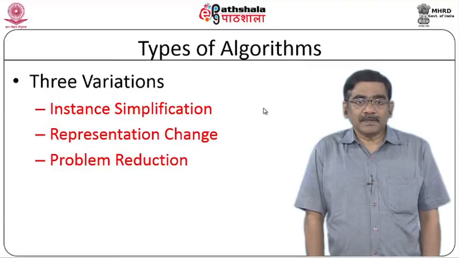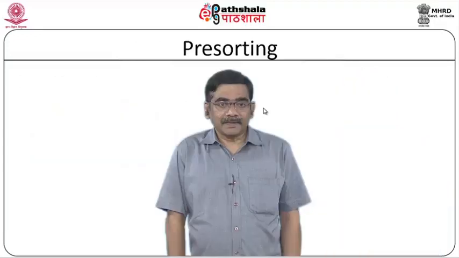In this particular module, we are going to discuss the instance simplification, where we are going to bother about the transformation of problems using the instance simplification method. So, let us discuss some of the algorithms for explaining this particular strategy.